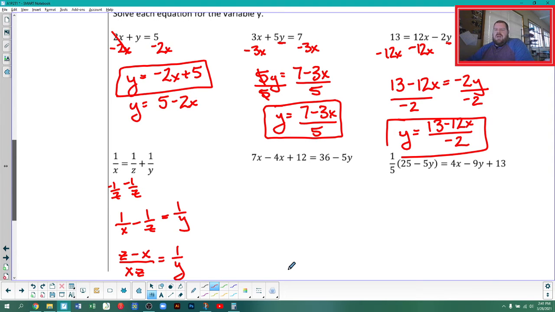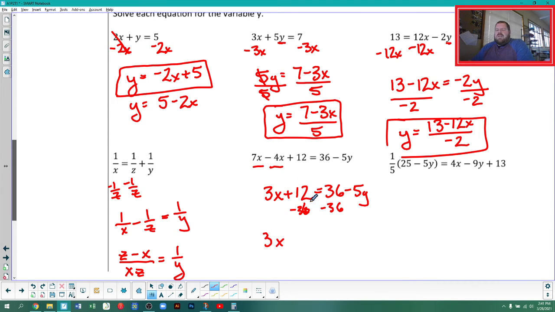Hopefully you had a chance to do that. These just turn into, sometimes there's a variable on both sides, sometimes there's not. This one, you got to do a little simplifying first. Okay? 7 minus 4x is going to be 3x plus 12 equals 36 minus 5y. We'll subtract 36 on both sides. So that does actually get subtracted from there.